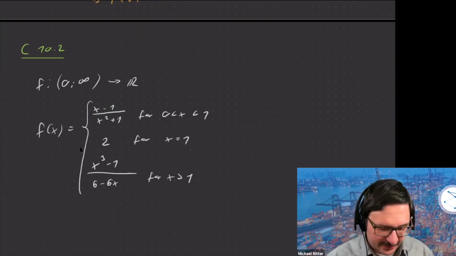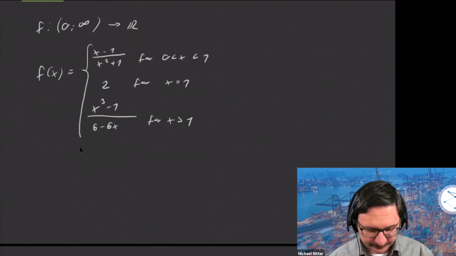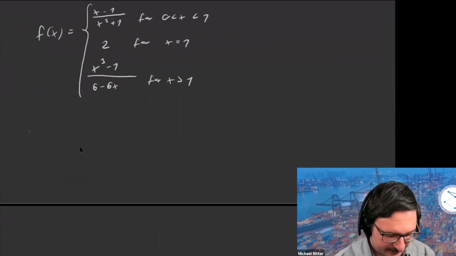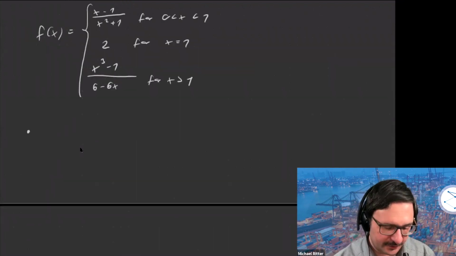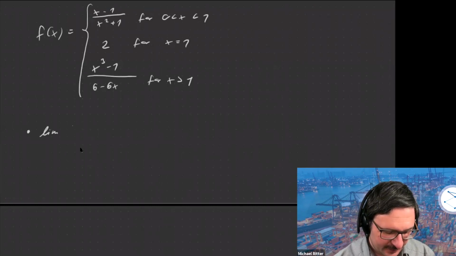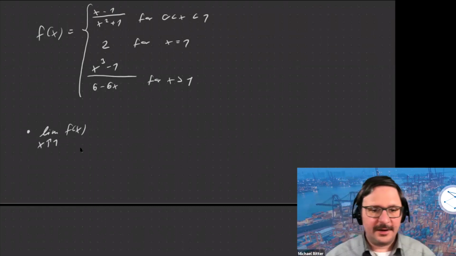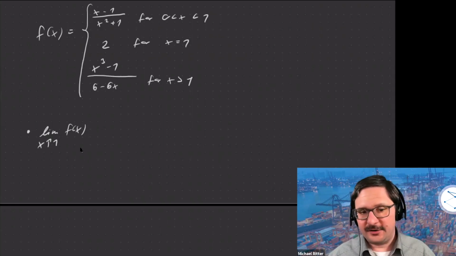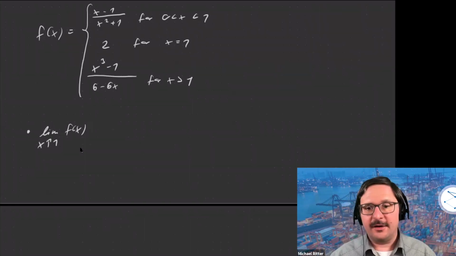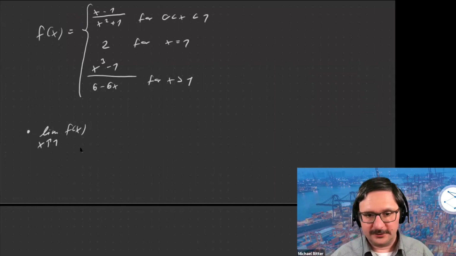Now, let's start with the limits. So the first thing we do is we want to compute the limit of f of x as x tends to 1. And let's start with the limit from the left, so from below. x tends to 1 from below. That means we can assume that the values of x are less than or equal to 1.